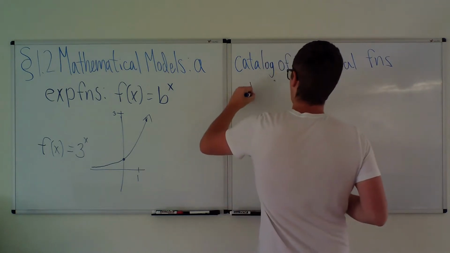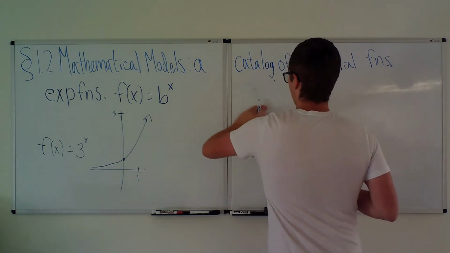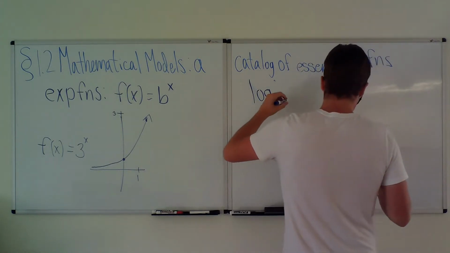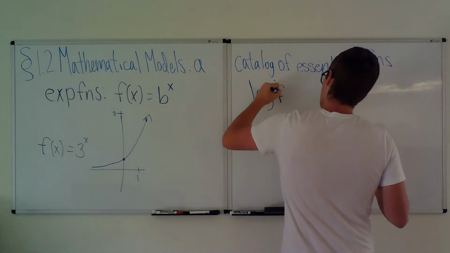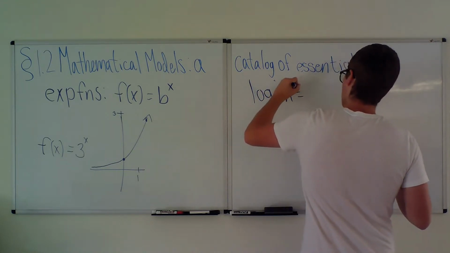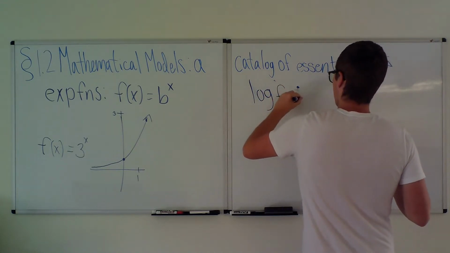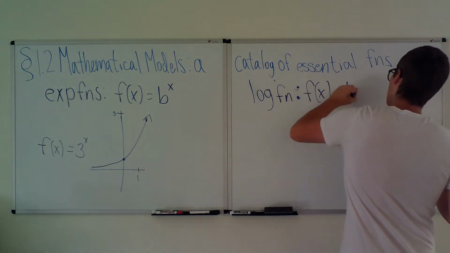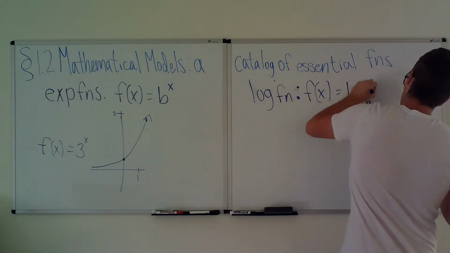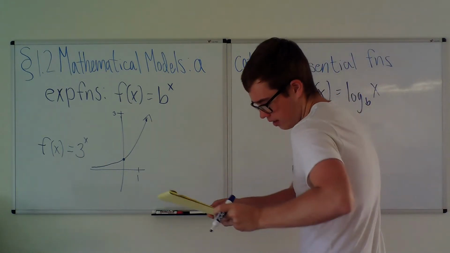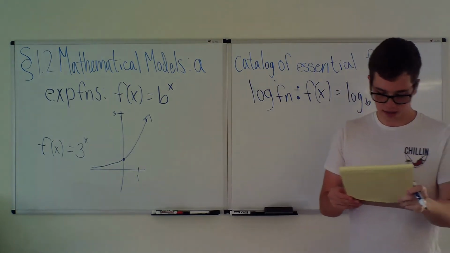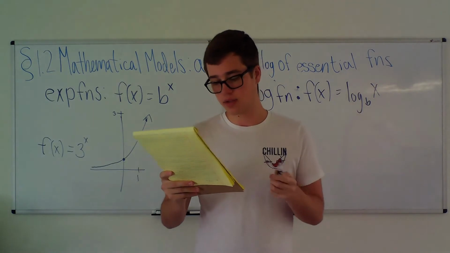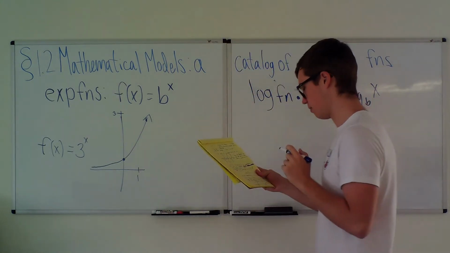Alright, so they have the form f of x is equal to log base b of x. And where b is a positive constant, these functions have a domain from 0 to infinity and a range from negative infinity to positive infinity.